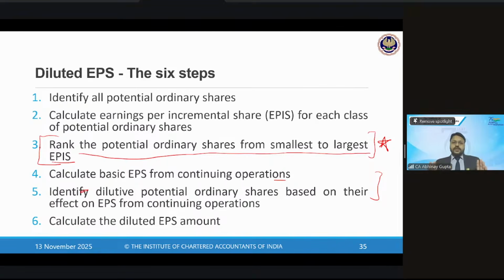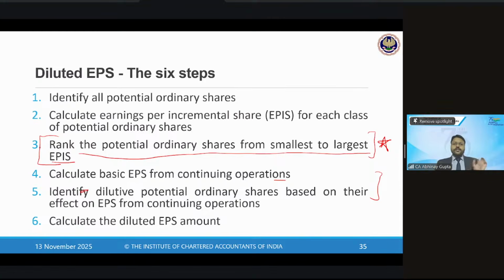Number two, diluted earning per share means when basic earning per share, if profitable, is getting reduced, and if it is loss making, it is getting increased. The loss per share is getting increased or the profit per share is getting reduced, then only we say it is dilutive, right? So if reverse is happening, then it is non-dilutive.